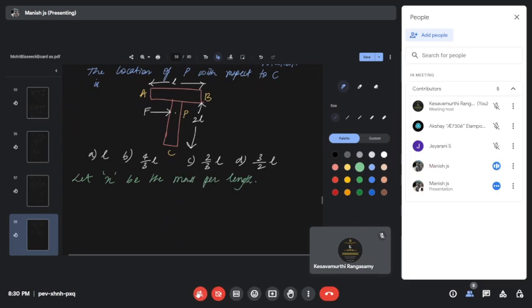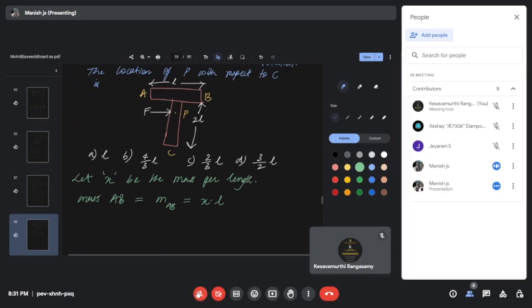If I say that is a mass per length, then what is the mass of AB of the rod? So mass AB, what would be the mass AB? So you know that mass AB, I can write it as M AB is equal to mass per unit length, x I have taken. So x times L. Okay. Anyways, obviously you're going to get the corresponding mass because x is mass per unit length. That's how I have taken.